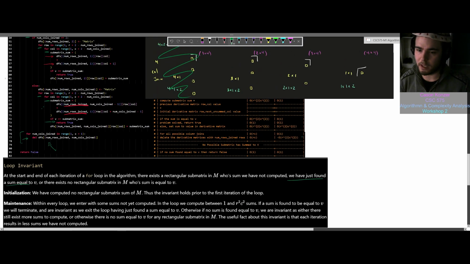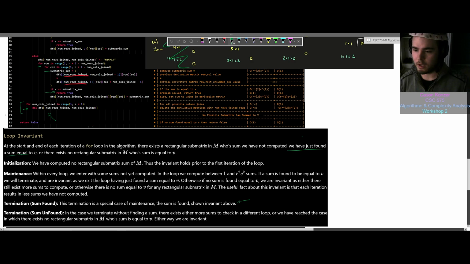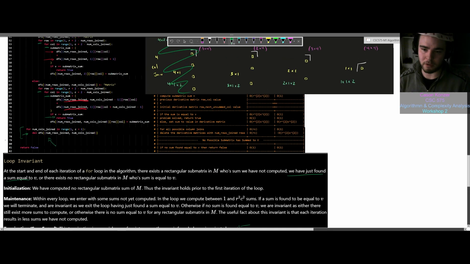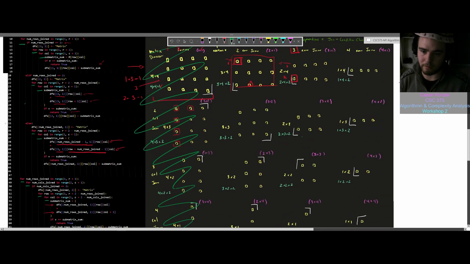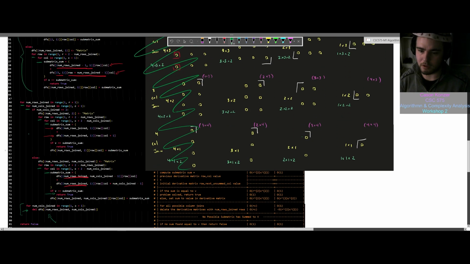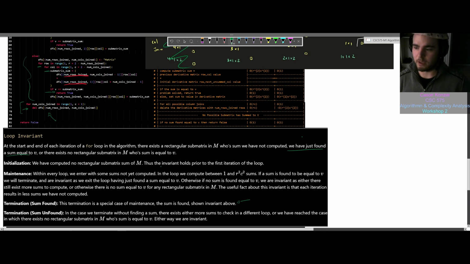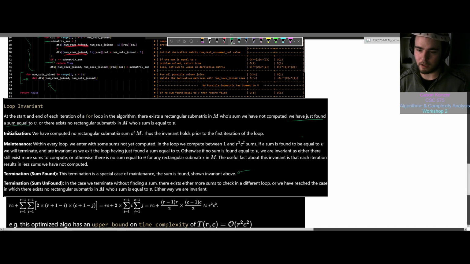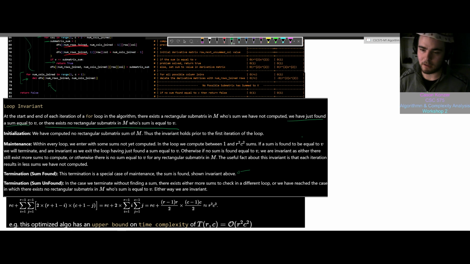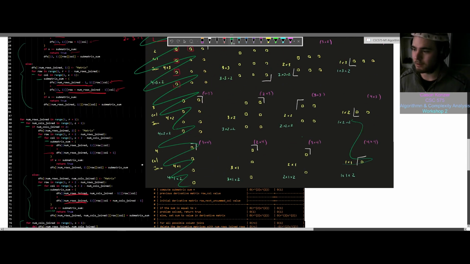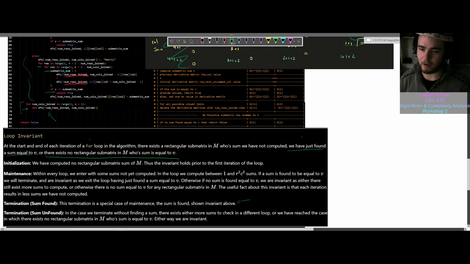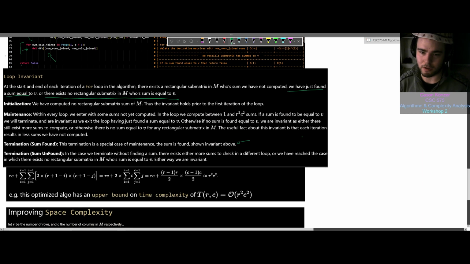This can happen for many different loops in which the case is that there exist more sums to compute. For instance, when I exit all of the initial row joins, we still have all the column joins to compute. But if I exit the last column join, then what we have proven is that there exists no rectangular submatrix in M whose sum is equal to V. And if that's the case, at the very end, we delete those last set of values that we computed, and then we return false.